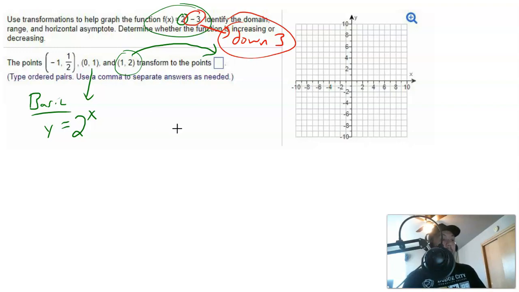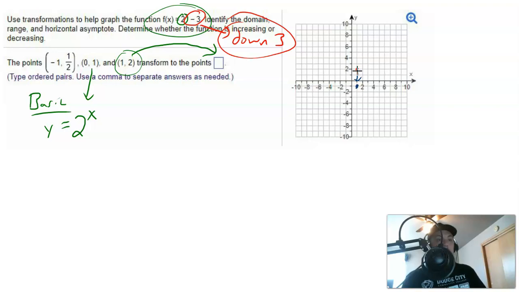So if we take this point, let's go ahead and mark it over here. This is not a point that's going to be on our final graph. This is a point on the initial basic equation's graph. We want to shift this point down 3. So if we start here at 1, 2, shifting it down 3 is going to bring it down to this point right here.